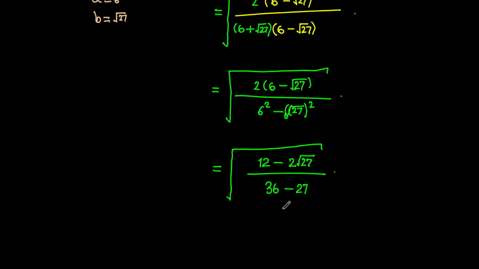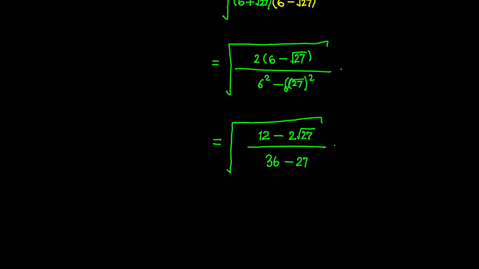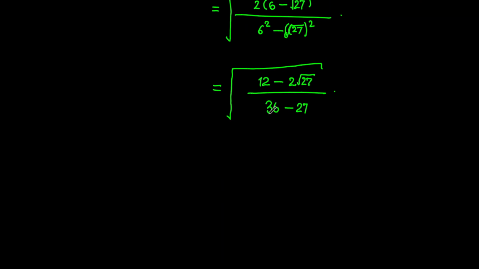So from here we can still simplify the denominator. Now 36 minus 27 is 9. So let's keep maintaining our numerator as 12 minus 2 root 27 all over 9.